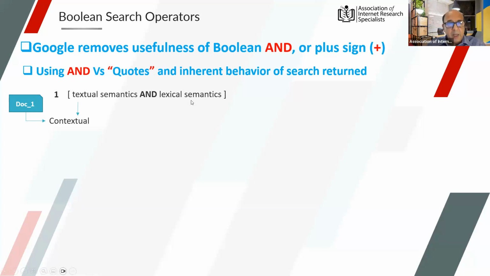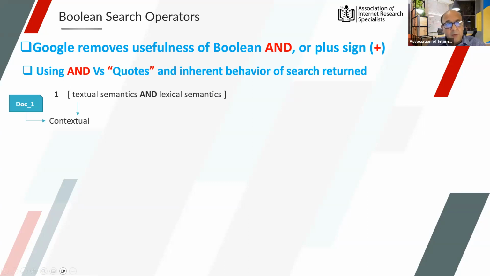Textual semantics and lexical semantics. These are the two search terms we want. Supposing we did not put textual semantics and lexical semantics within quotations, and we used AND in between, which is typically how the search gets done by, I guess we could say, the common user.